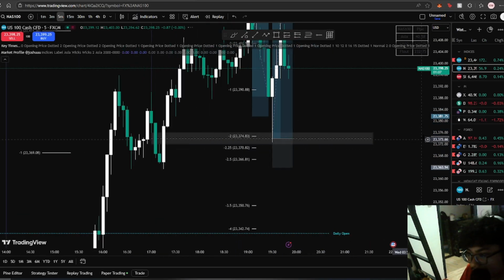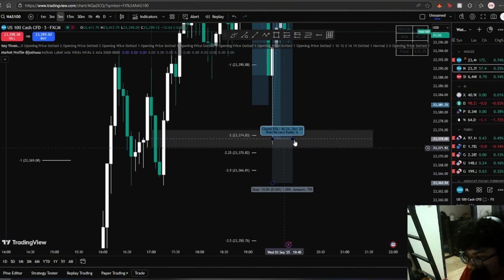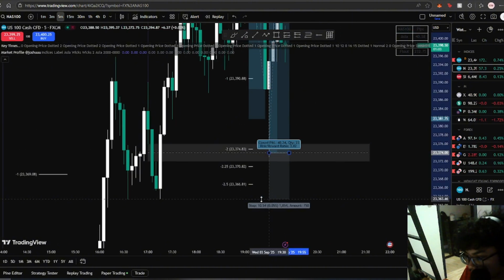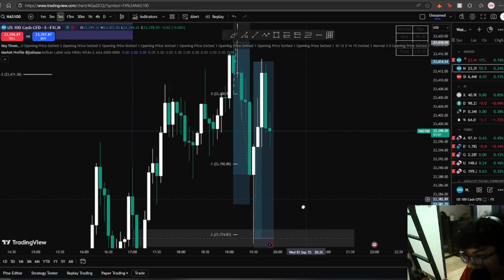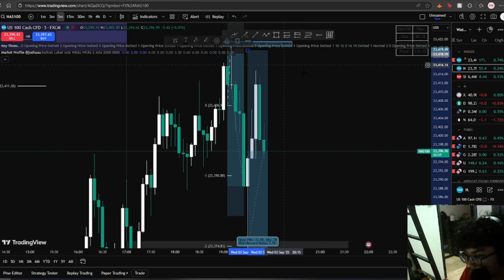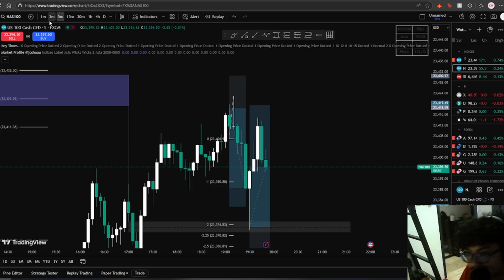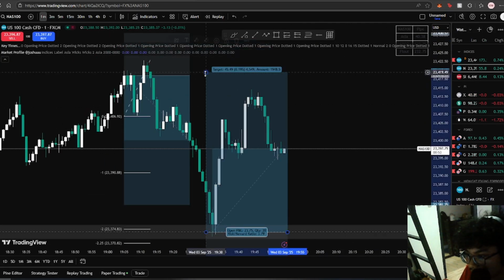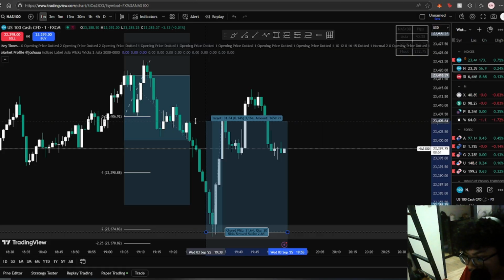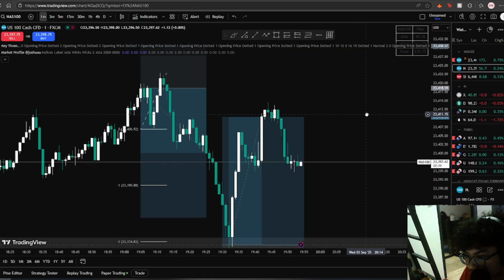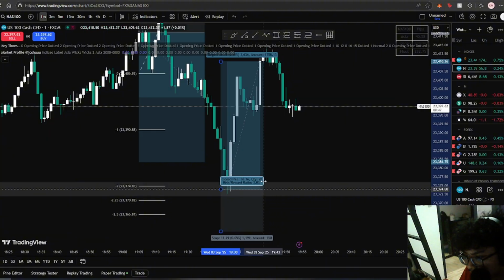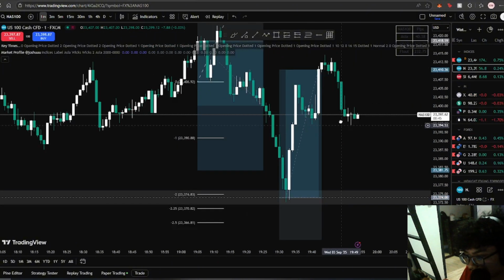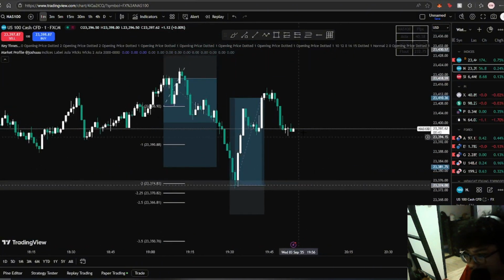So if you just go to the 5-minute BPR, 10 point or 12 point stop, so we do that, and we go for probably, if we look here at the 1 minute, the most recent high like we could have taken, probably gonna be this, a 3RR trade, very nice.